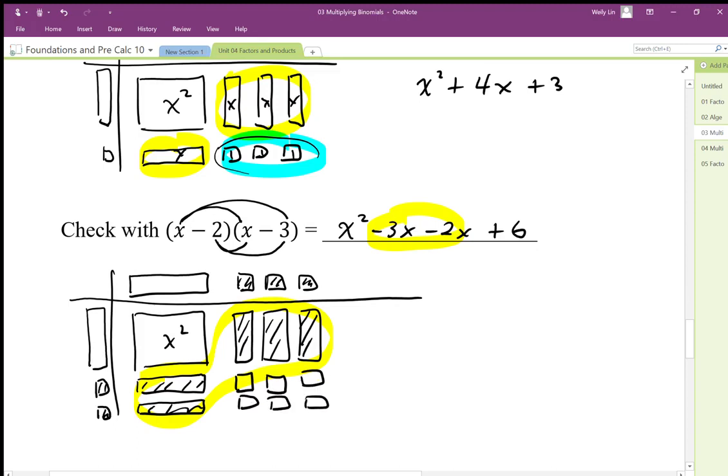These 3 ones and 2 ones here are going to give us our positive 6 there. Again, we get a product of the 2 times 3. That number is based on a product, and this sum of negative 3x minus 2x is when we add these like terms together along that diagonal.